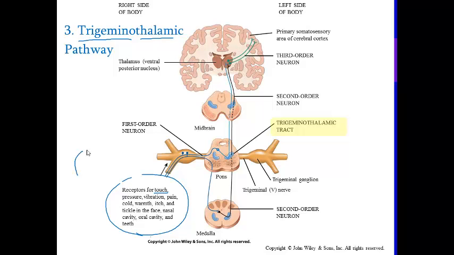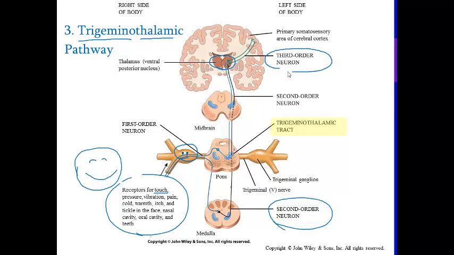Now where they receive the messages from are mainly in the facial region, nasal cavity, oral cavity, etc. So this is where you have your first order neuron traveling in, and they meet the second order neuron and relay all the messages through the trigeminal thalamic tract all the way up to the thalamus, and they meet the third order neuron and send a message to the cerebral cortex where they are supposed to be sending it to.